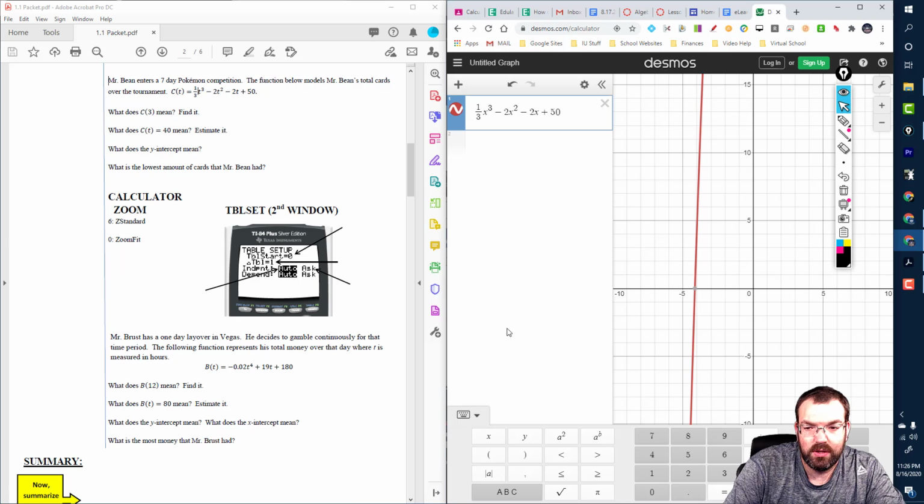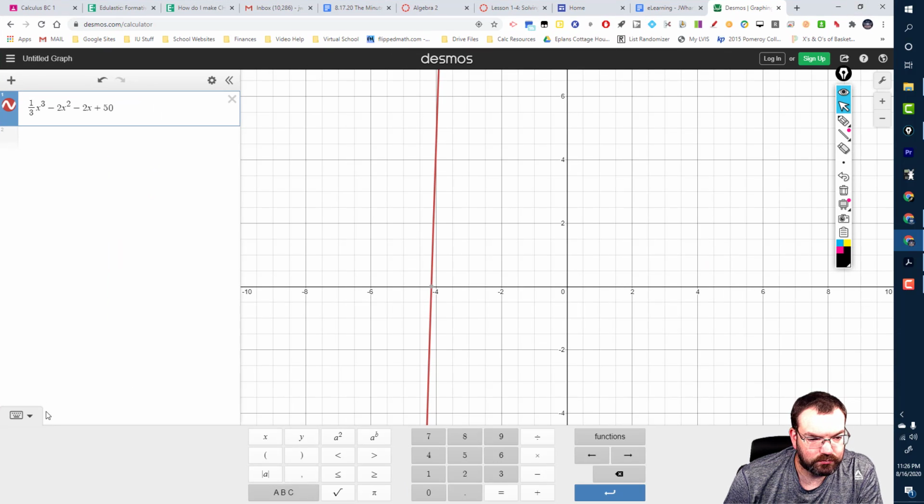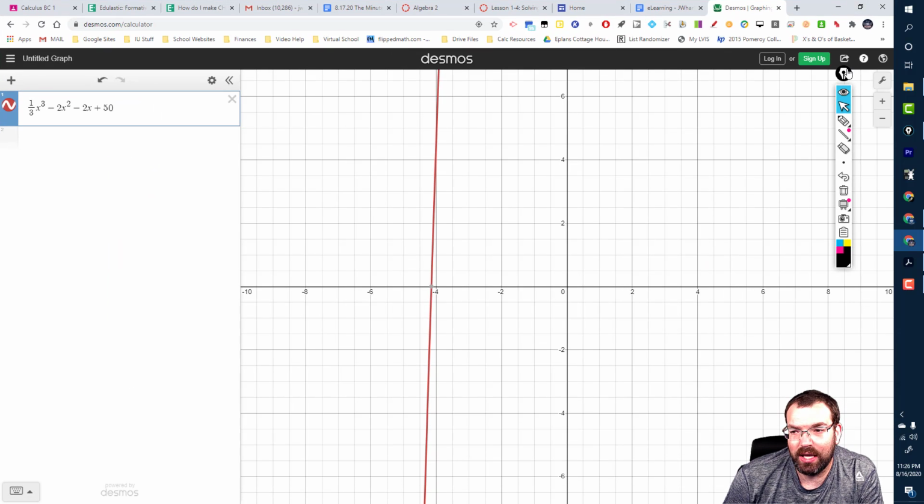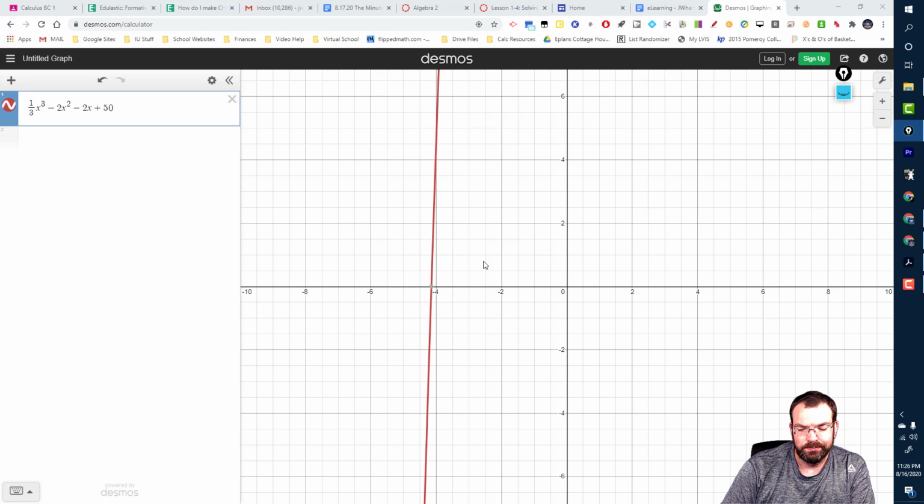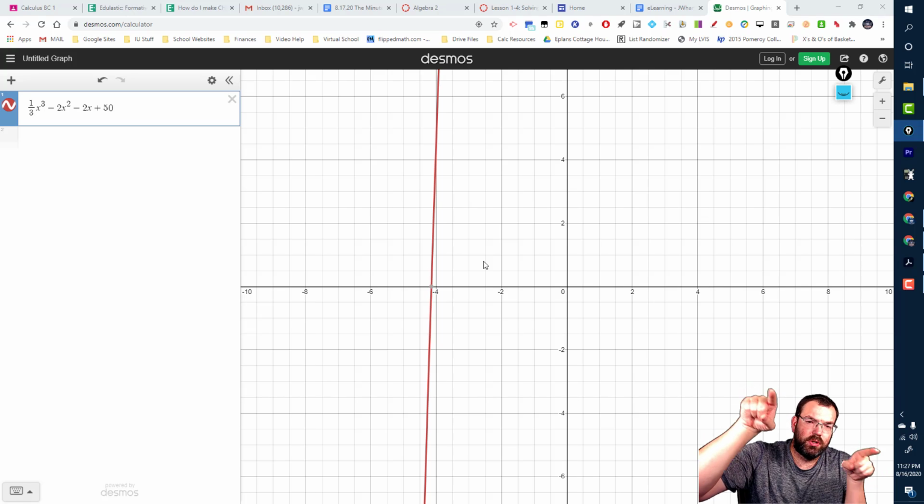Plus 50. All right. So now, I'm going to make this a little bigger so you can see. Bring that down, and it looks like you have almost a straight line, but you don't. So what you want to do is zoom out. If you start wide and then bring your fingers close, you're zooming out.